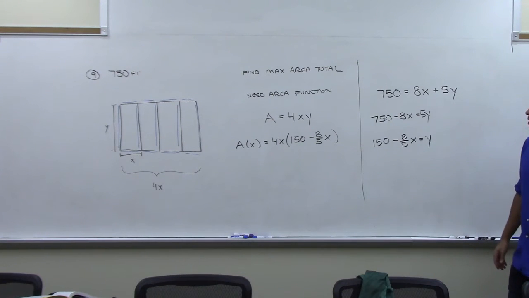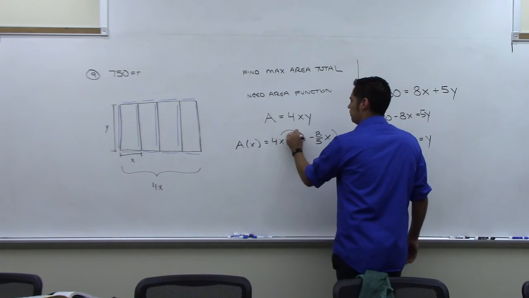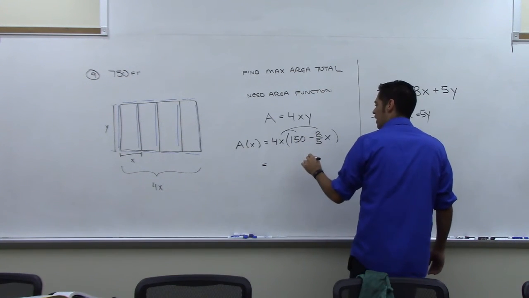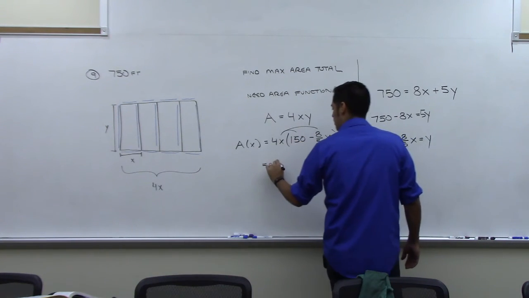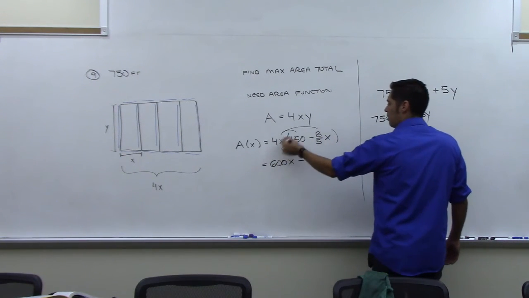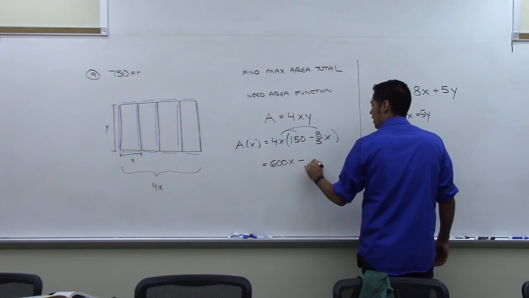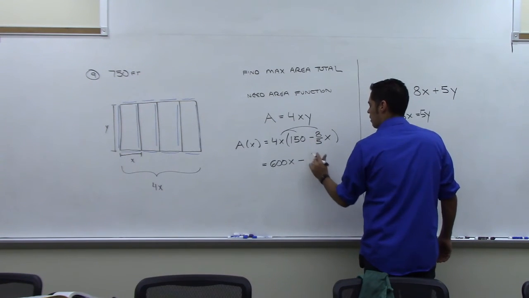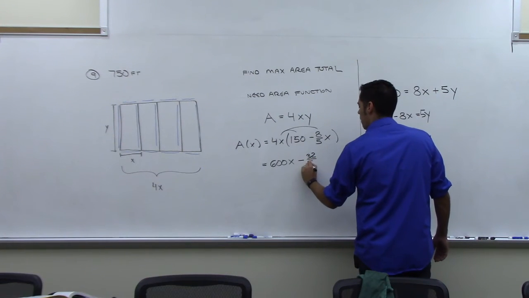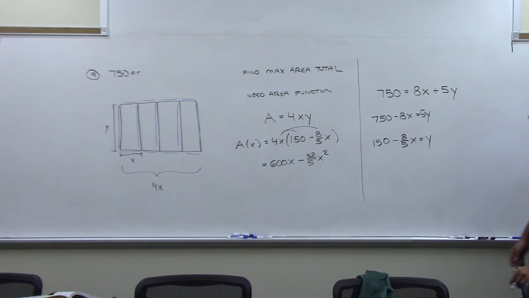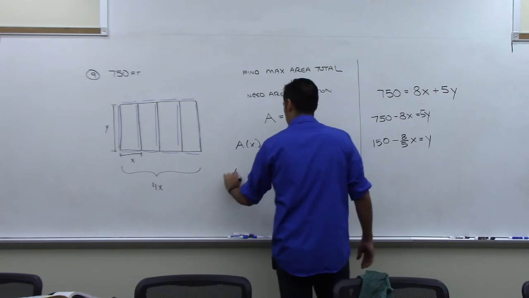Let me distribute through here. 4 times 150 is 600x, minus, when I multiply this times this, I get negative 32 over 5 x squared. So that right there is my area function, and now I need to find its domain.